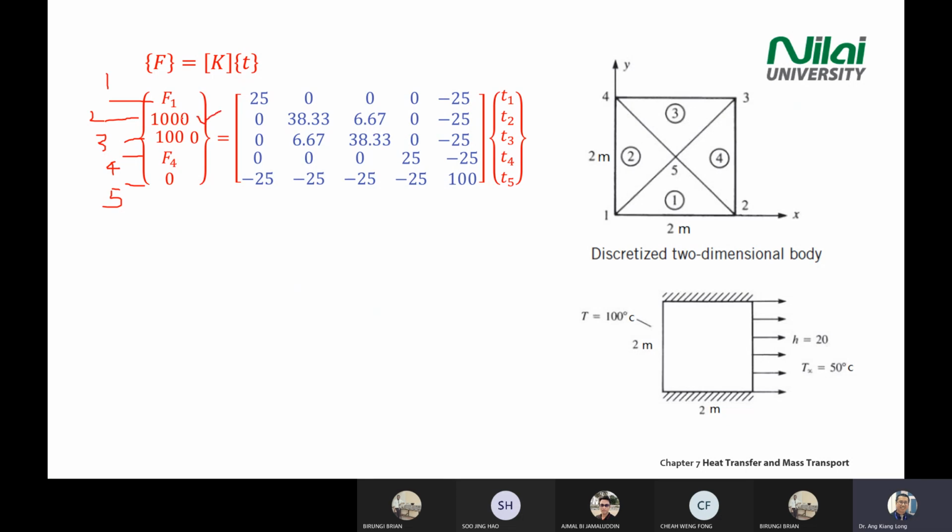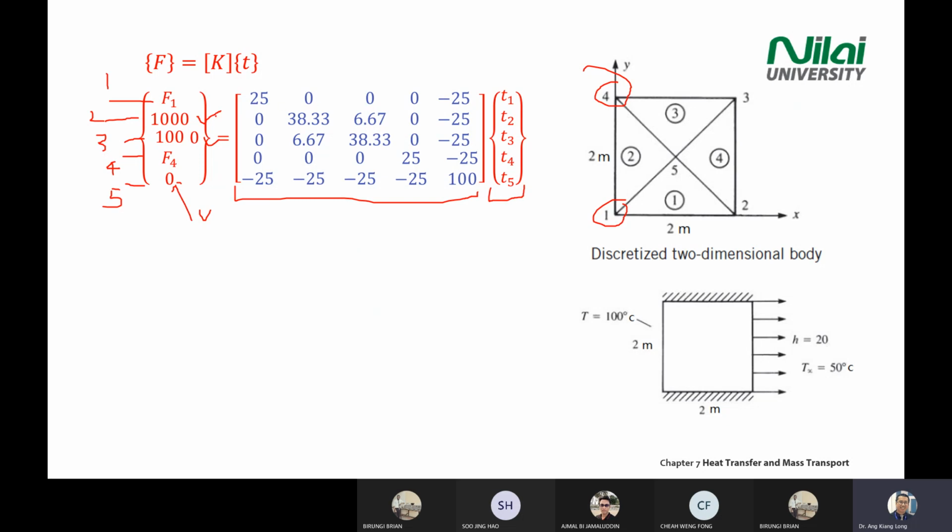Because point 2, you have the forces of 1000. Point 3, you have a forces of 1000 watt there. Point 5, we know the value of 0 just now. You calculate already. So we only left out F1 and F4. We don't know the forces at these 2 points. K, recycle back. Temperature, rewrite T1 until T5.